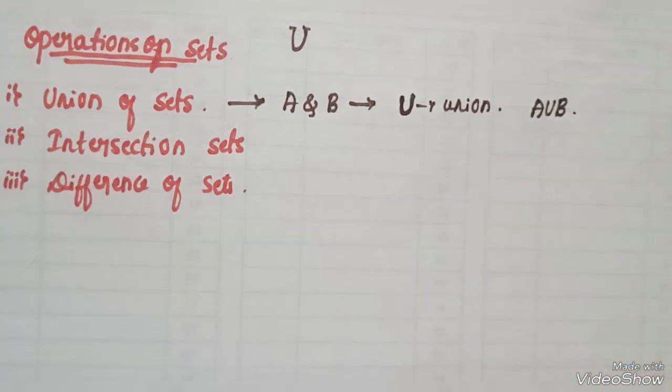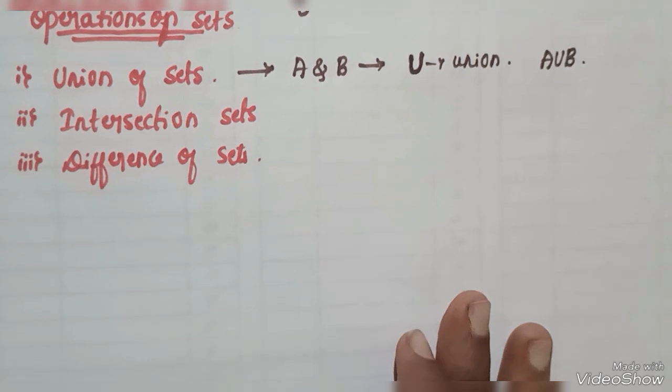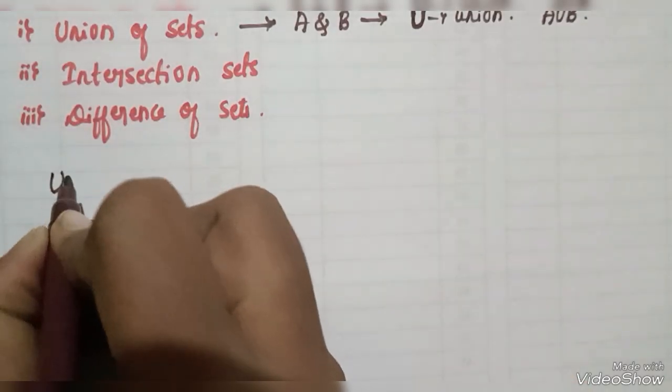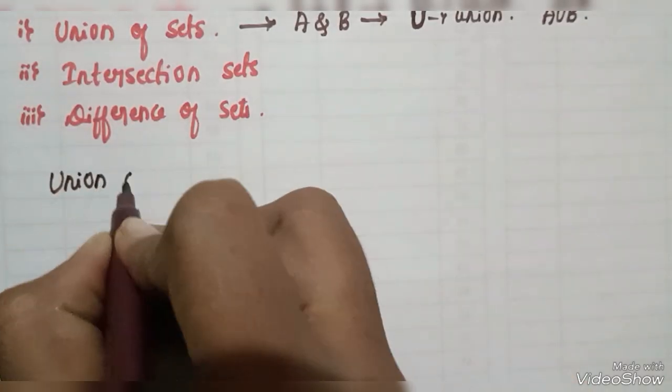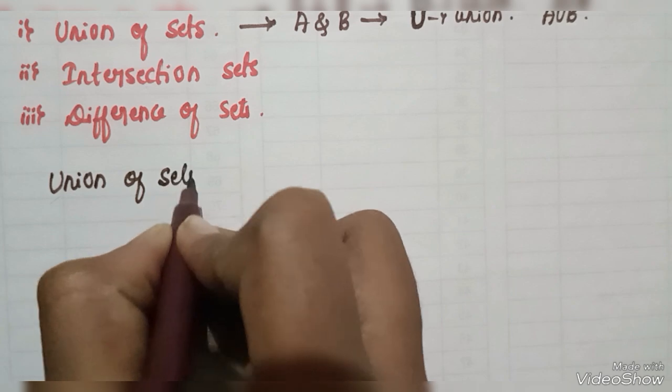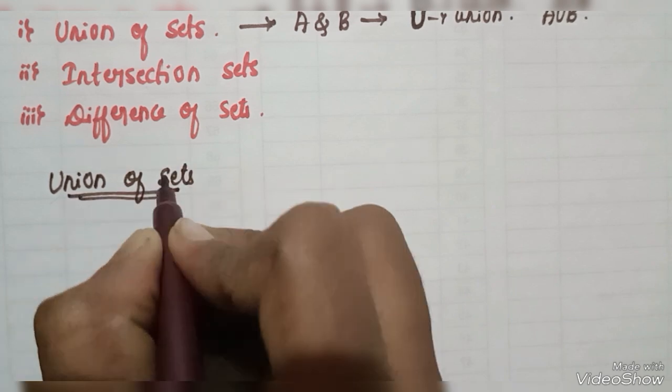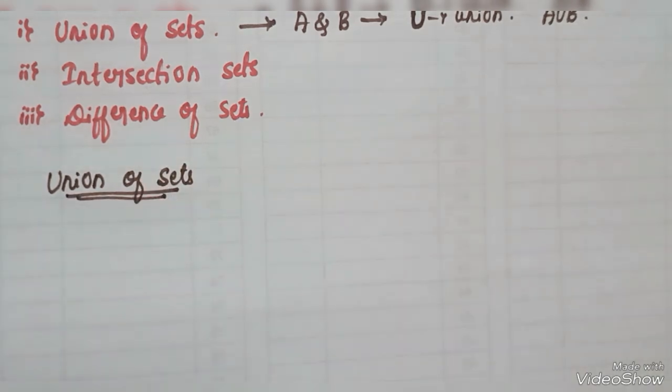Now we define the union of sets. Let A and B be any two sets. The union of A and B is the set which consists of all the elements of A and all the elements of B, the common elements being taken only once.